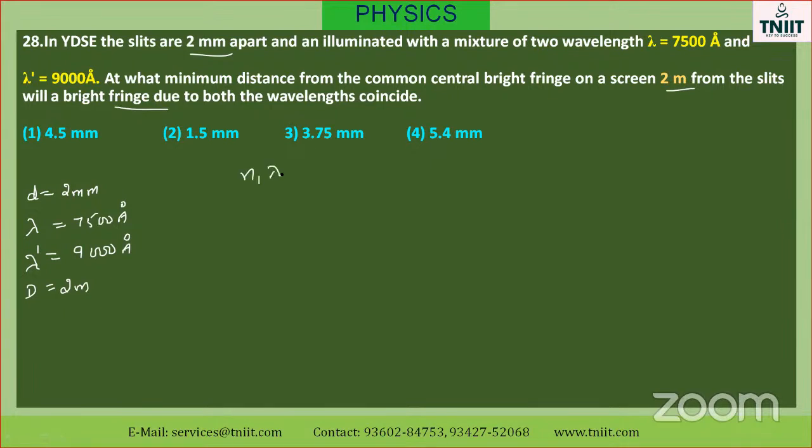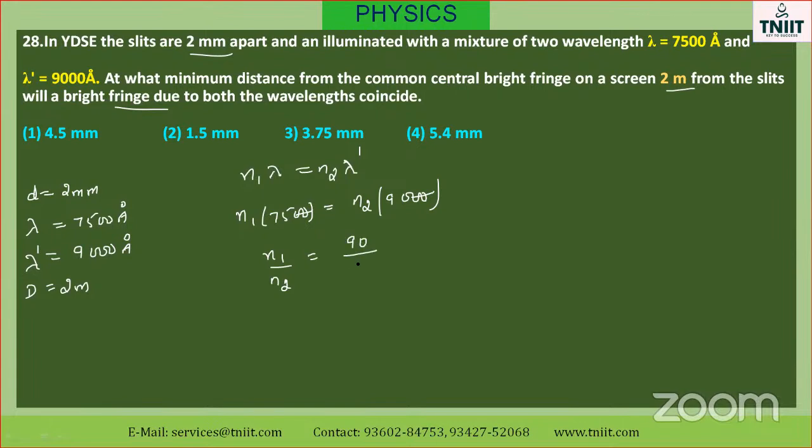Let us say N1 of lambda and N2 of lambda dash are coinciding. So N1 we don't know, lambda is 7,500, N2 fringe number we don't know, lambda dash is 9,000. Two zeros will get cancelled out. So what is N1 by N2?